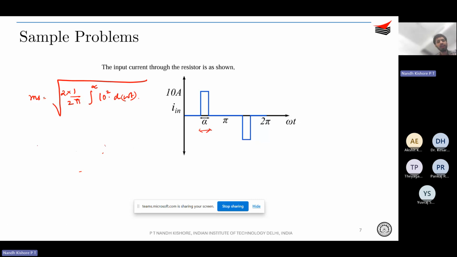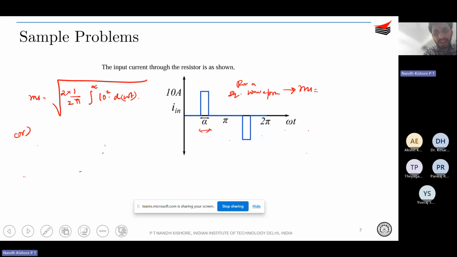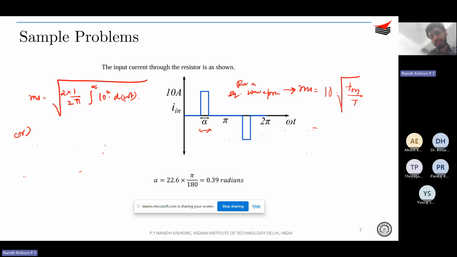Root mean square, right? I can write something like this, or thumb rule for a square waveform, RMS value is equal to your amplitude, which is 10 amperes, into root over T on by total capital T.